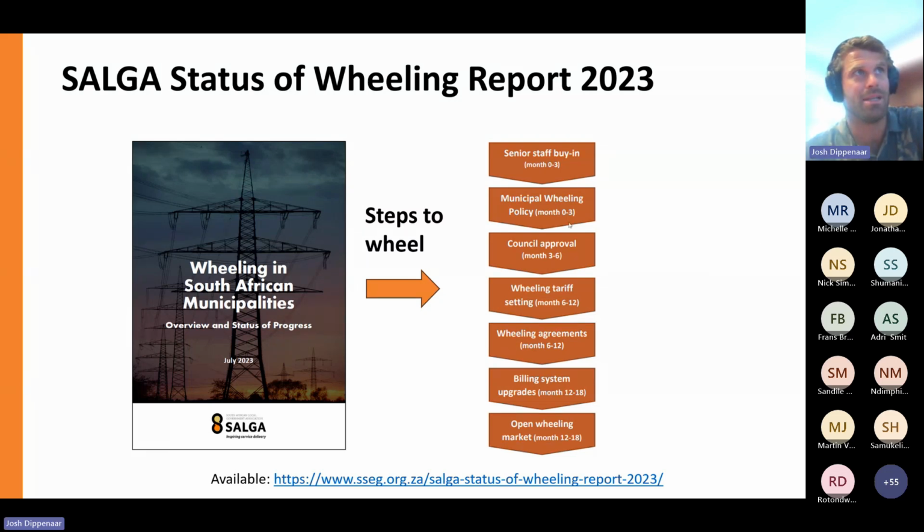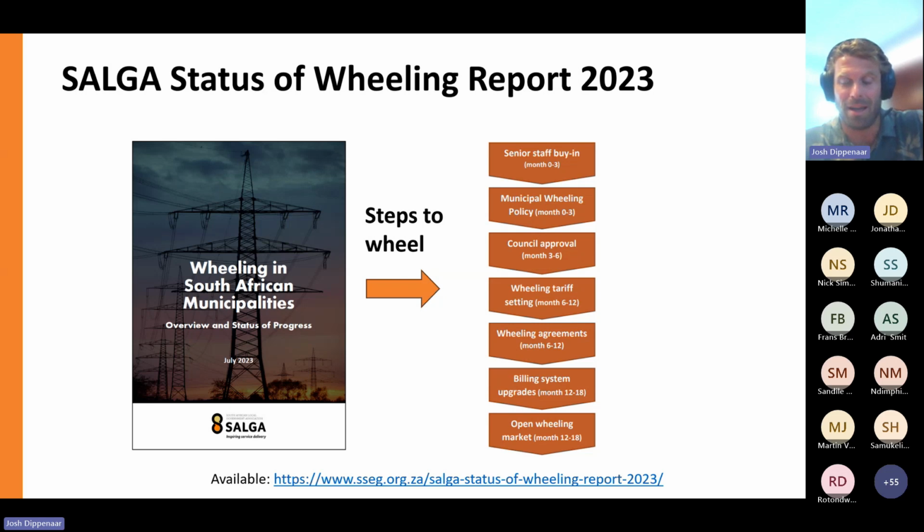The second step is a municipal wheeling policy or guideline. A guideline feels less binding, but it serves the same purpose. The idea of this training is that you walk away with a customized wheeling guideline for your municipality, with your logos on it, customized according to how you want to wheel. That's really part of this process. Then you need to get that guideline approved by council.